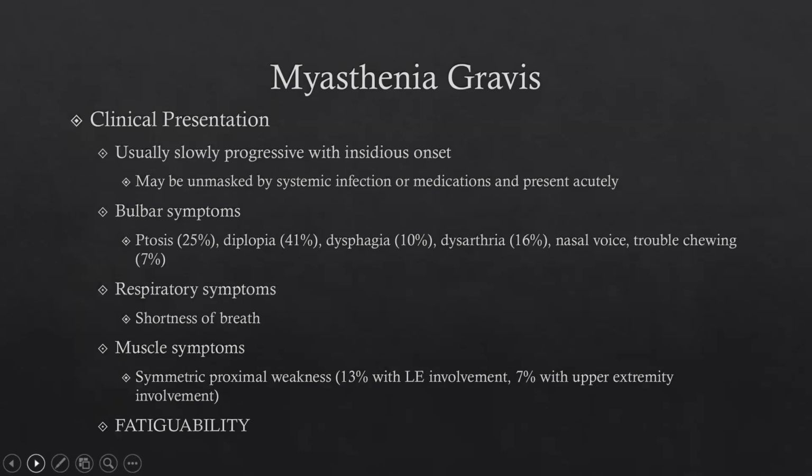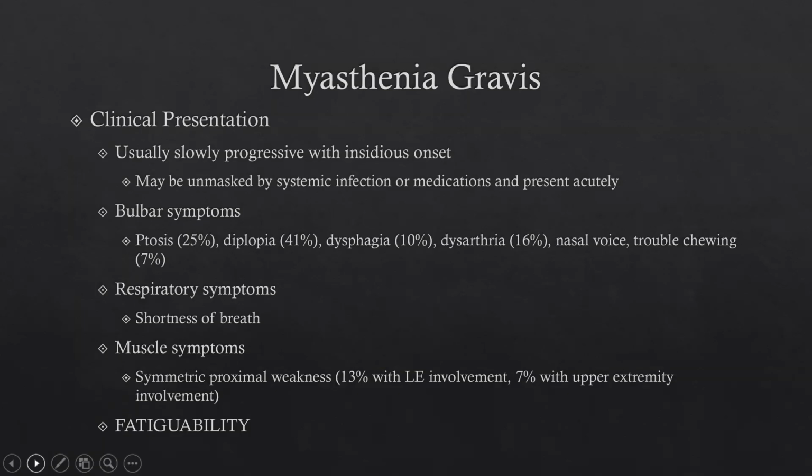So in terms of the clinical presentation, usually it is a subacute presentation, usually slowly progressive with an insidious onset, maybe masked by systemic infection or medication, and it can present acutely, like in the scenario we're given where someone has taken ciprofloxacin.